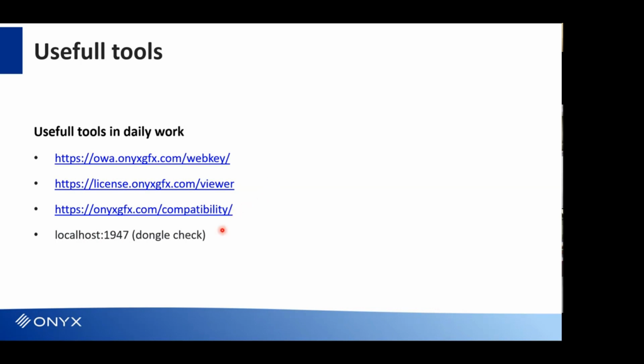And there is a tool which might sometimes be useful to see if you are online and a customer has a problem, and you're not sure if the customer took off the dongle from the system, because it might happen that you do remote support, which is most often for the software. It might happen that you require the customer to take off the dongle from the server for Thrive or from the PC, and then if you're not sure, you just type in the browser localhost 1947, and it will give you all the Sentinel hashkeys that are already in use.